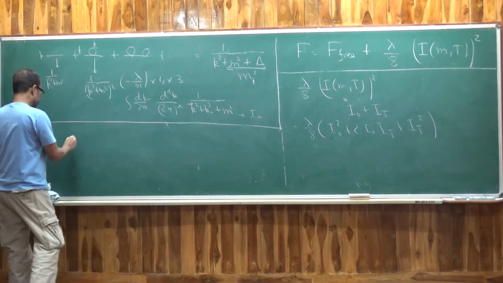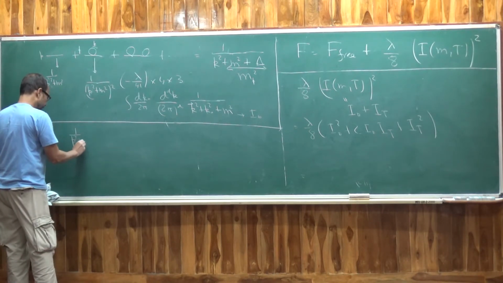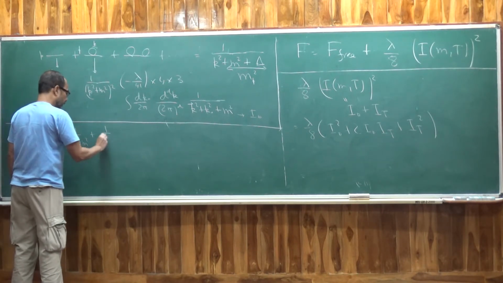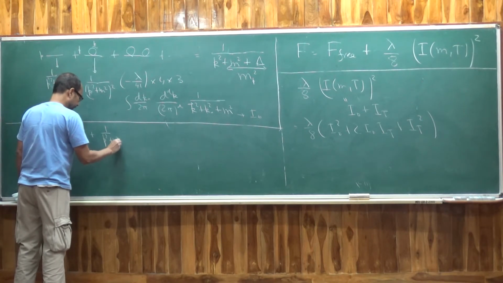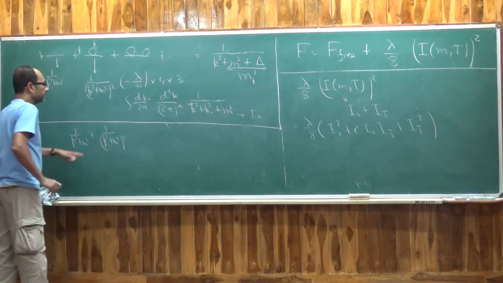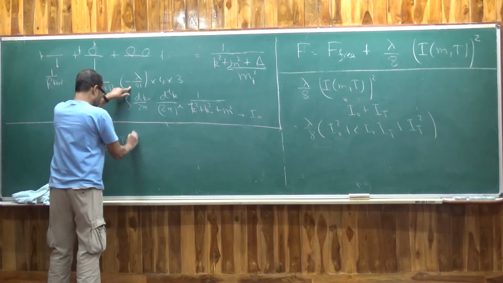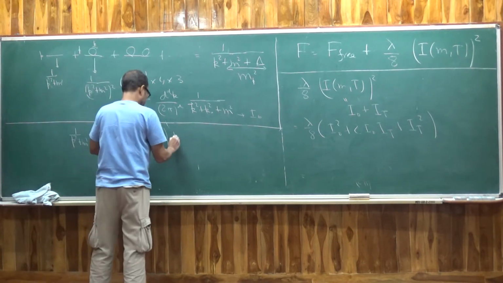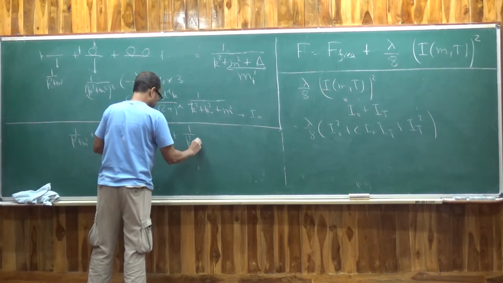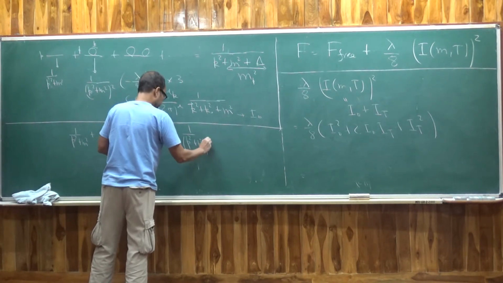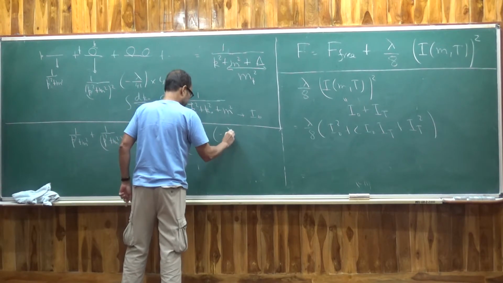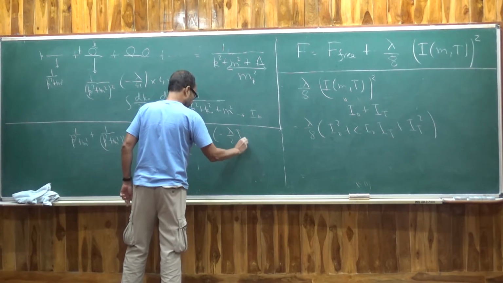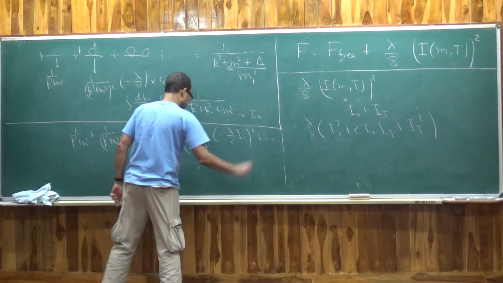Okay, so this is 1 over P square plus M square. Then 1 over P square plus M square whole square times minus lambda over 2 I0, plus 1 over P square plus M square cube times minus lambda over 2 I0 square and so on.